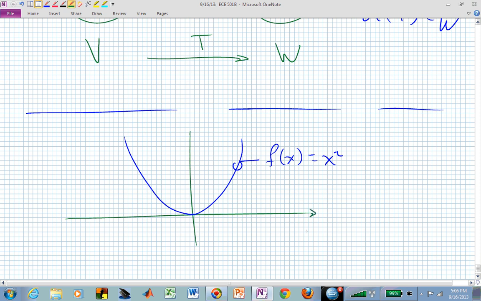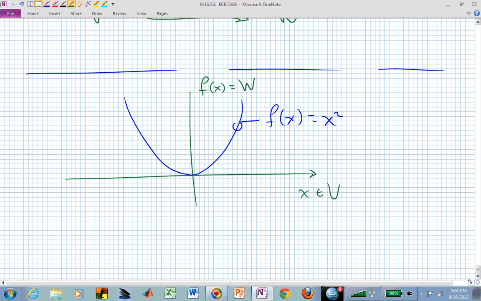If this is now x, and this is now f of x, is that mapping surjective or not?